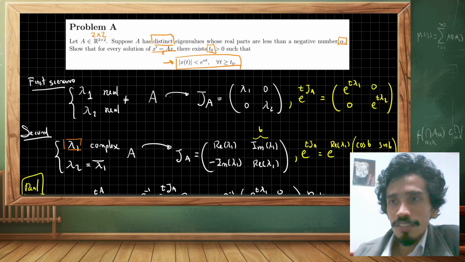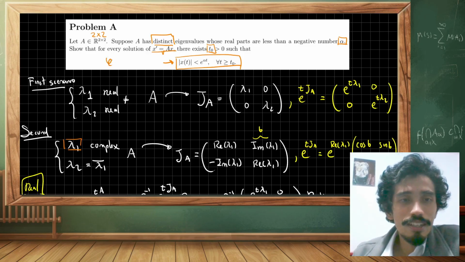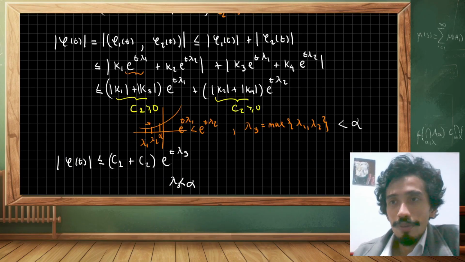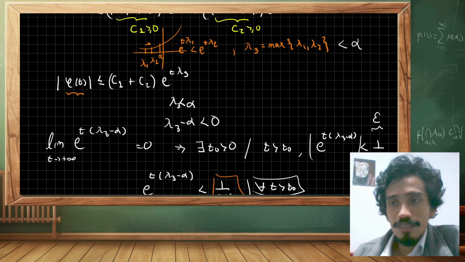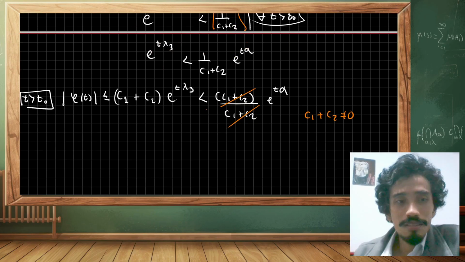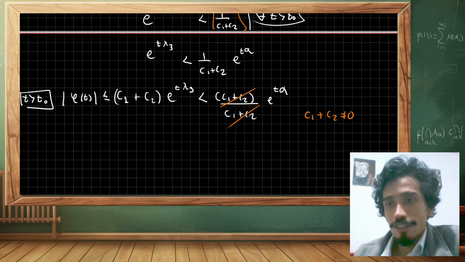No, it's not needed, because let's say we have a trivial solution where this is exactly 0, then 0 is always greater than anything like this, because the exponential is always greater than 0. So in this case, t sub 0 could be any positive number. It wouldn't matter. So we are working in the case where this isn't a trivial solution. So everything follows, and we have proved it for the first scenario.